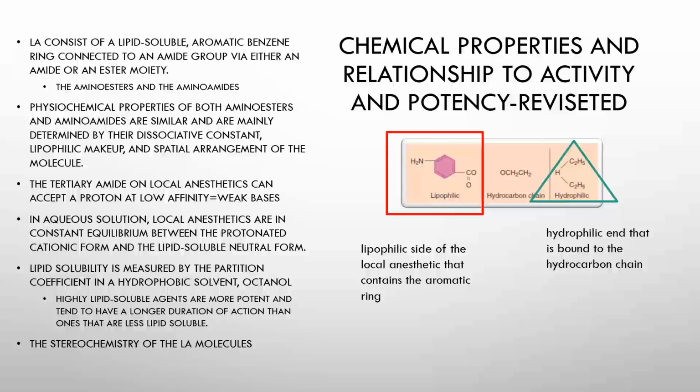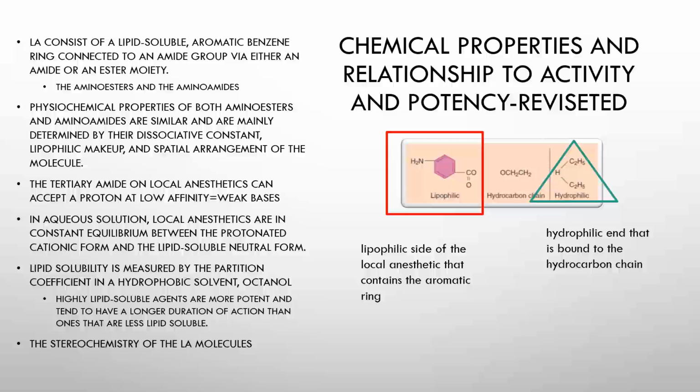Now, in the laboratory, this lipid solubility is measured by the partition coefficient in a hydrophobic solvent, and typically they use octanol. Compounds with a high octanol buffer partition coefficient are really more lipid soluble.